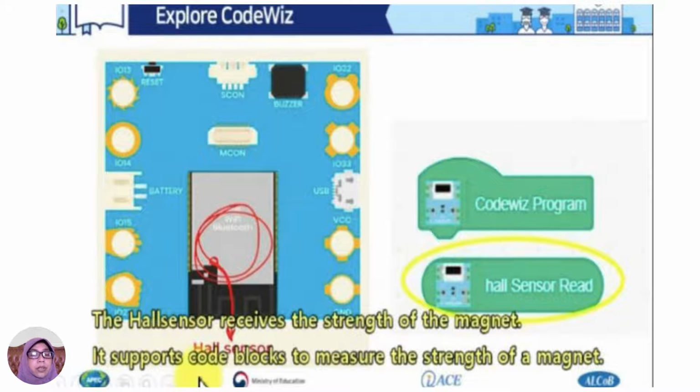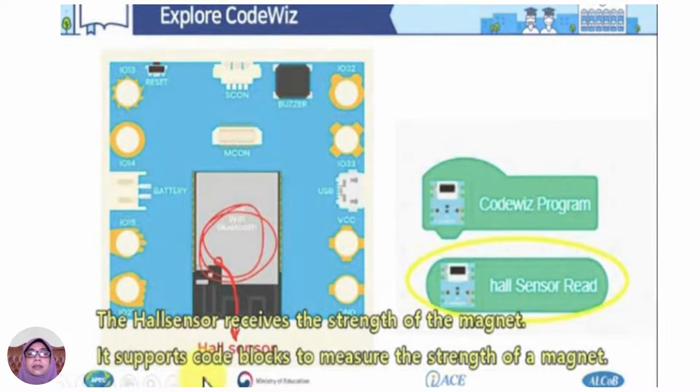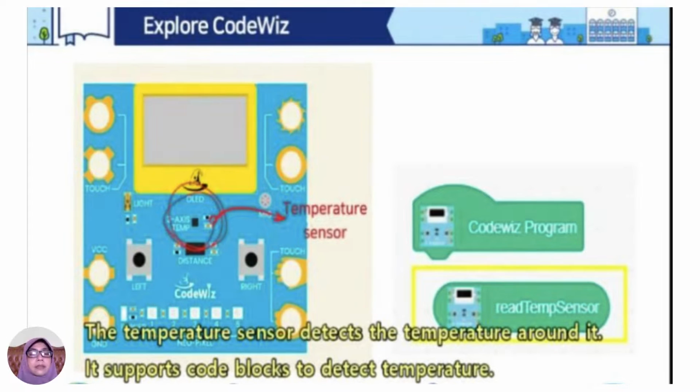It supports code blocks to measure the strength of a magnet. And the temperature sensor detects the temperature around it. It supports code blocks to detect temperature.